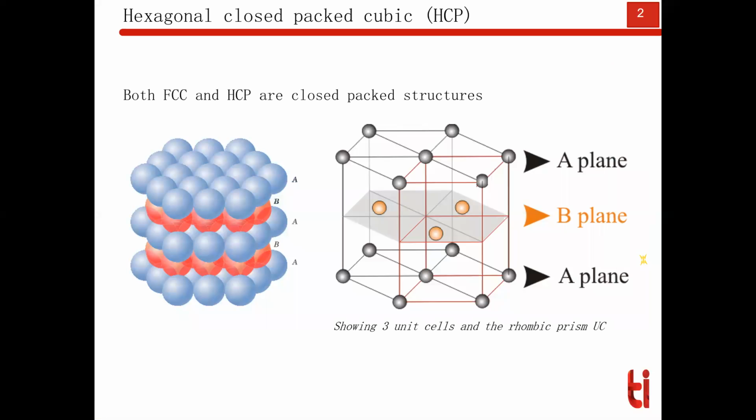So 12 into 1/6 makes 2, plus ये 3 5, and 1/2 plus 1/2 each from the center.